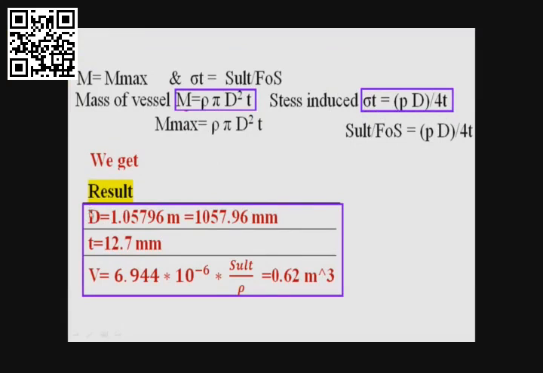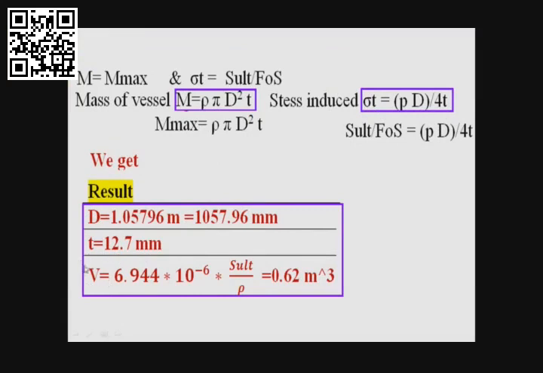If you solve these equations, we are going to get the value of D and the value of T. D is equal to 1.05796 meter, which is 1057.96 mm. Thickness is 12.7 mm.